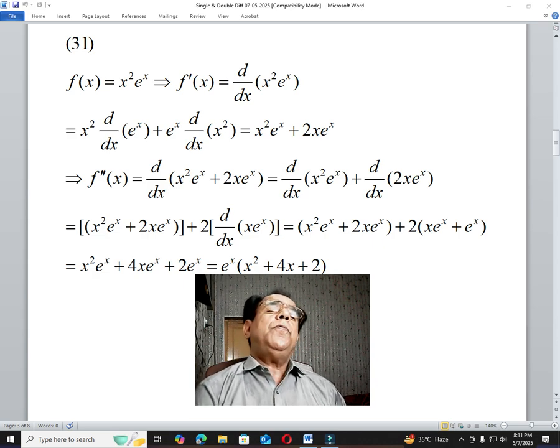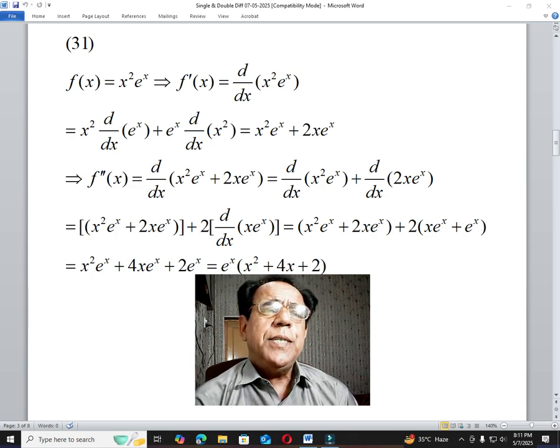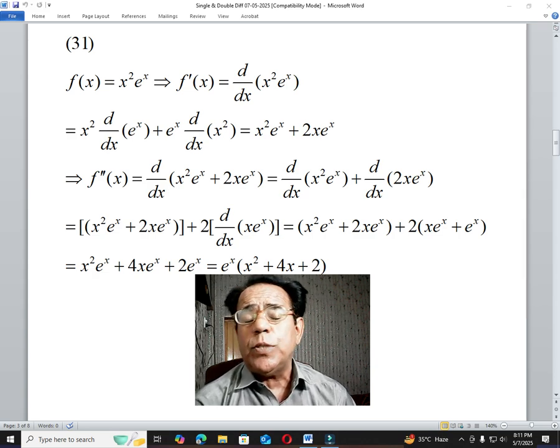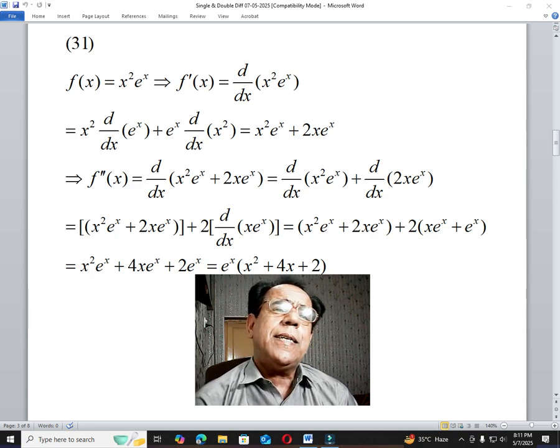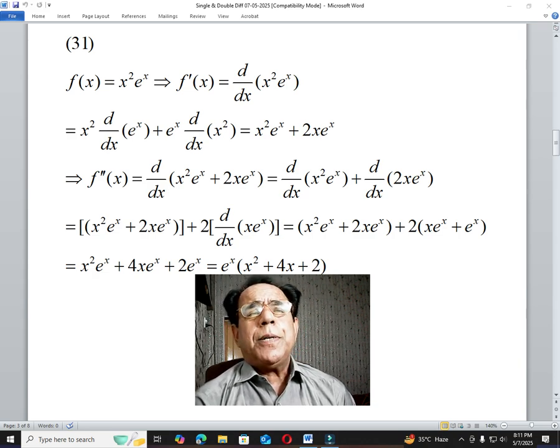So when f(x) is equal to this, then f dash x will be equal to d over dx of the same function as provided in the statement. Yes students, here the product rule is going to be applied, because x square is a separate function and the exponential function e raised to the power x is a separate function.